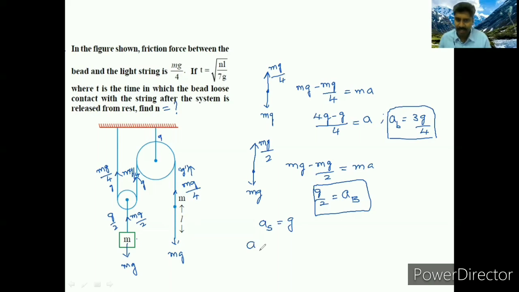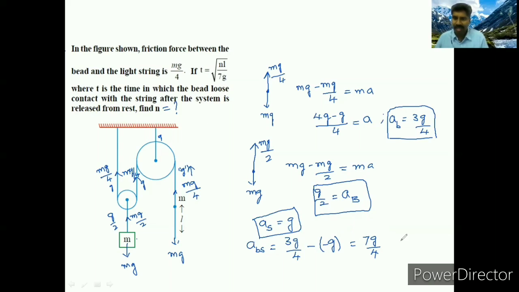So I will write the bead with respect to s is equal to the bead value, 3g by 4, minus the string value g. It is going upward, so minus of minus g. So from this we can get 7g by 4.